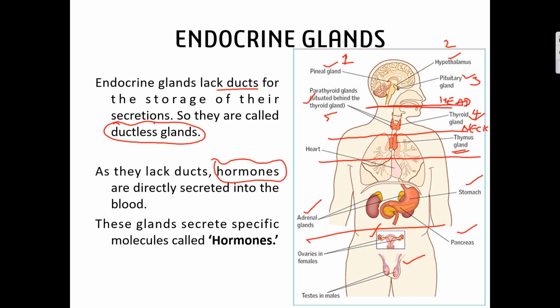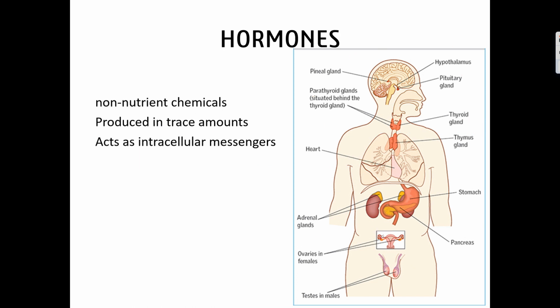Before looking into the details of each and every endocrine gland, let me introduce you to what hormones are, the nature of the hormones, and why the pituitary gland is called the master gland of the body. Let me introduce these two aspects first, and then we will look into each gland in more detail. So what are hormones?